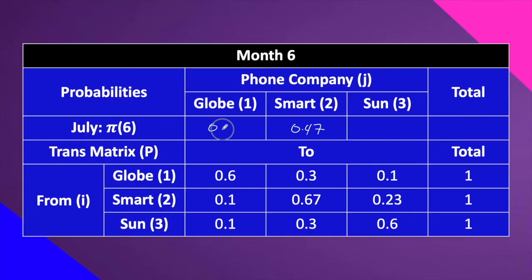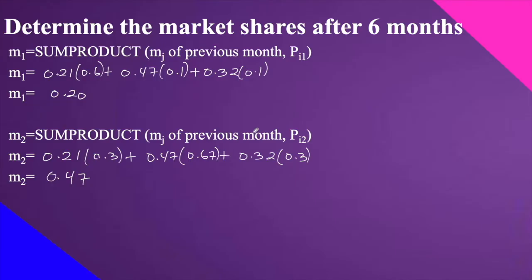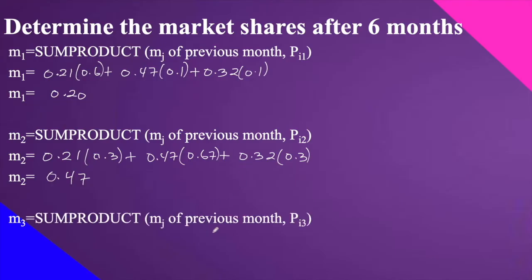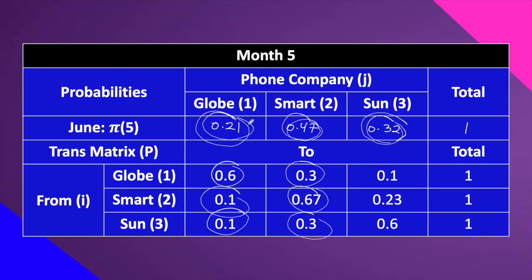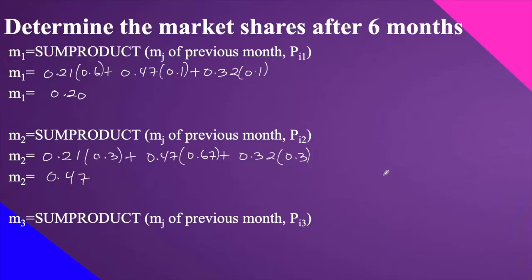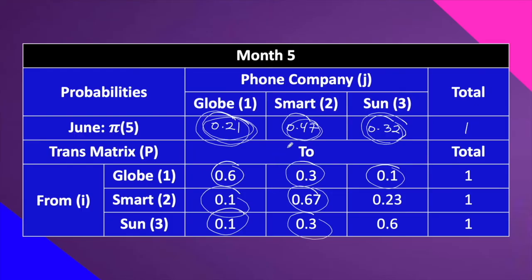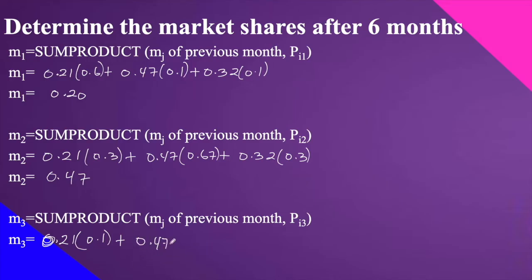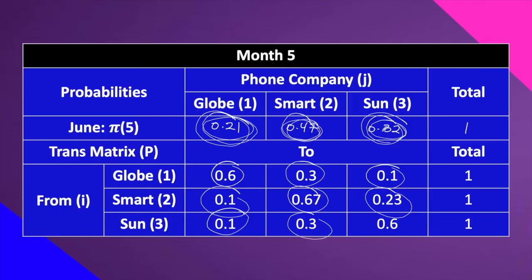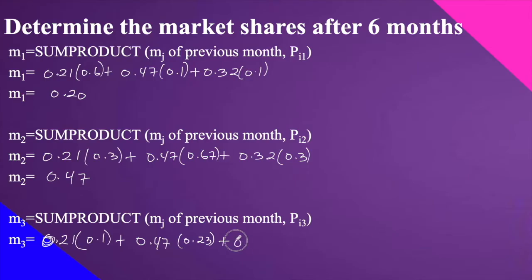So lagay natin 0.20. Next, for the Sun, M sub 3, sum product of M sub J of previous month and the P sub I3. Ito po yun. So we have 0.21 times 0.1 plus 0.47 times 0.23 plus 0.32 times 0.6.